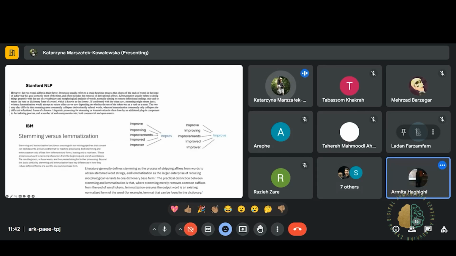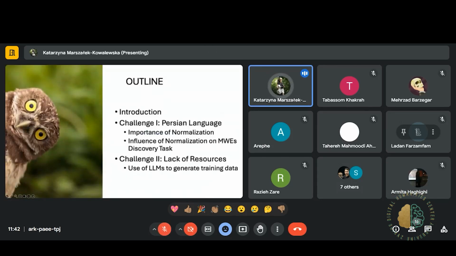Okay, so without further ado, let's move to the fascinating topic of today's lecture. We've gone through the brief introduction, and we have two main subtopics to discuss today. We are going to focus on two different challenges. The first one is the Persian language itself. We are going to discuss the different features of the Persian language that may make its processing in a natural language processing pipeline challenging or difficult.